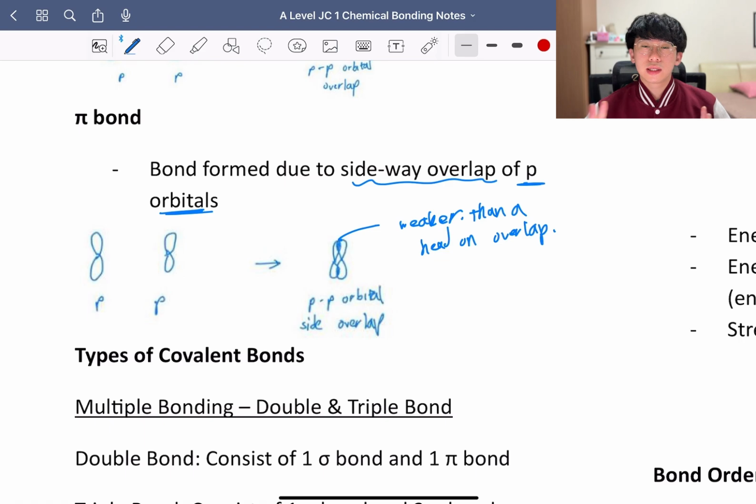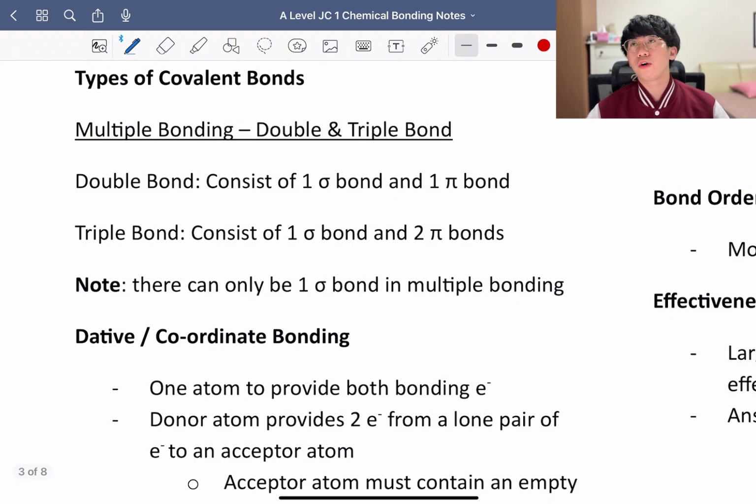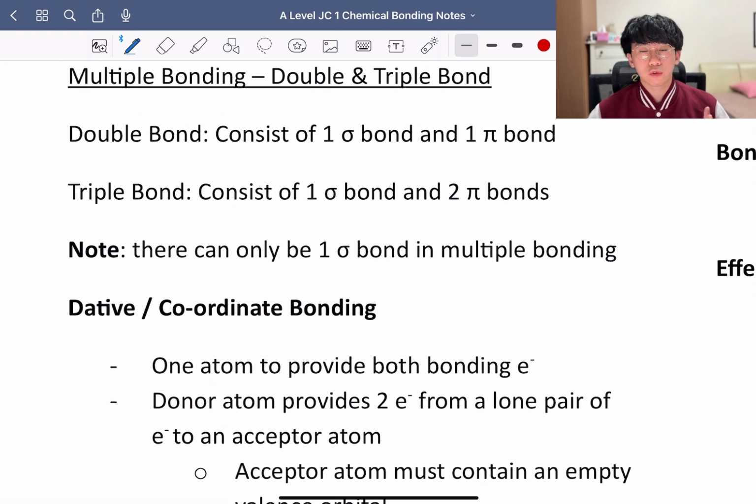Now, this is quite important when we move into types of covalent bonds. So we already know before that atoms can do multiple bonding, whether it's double bonds or triple bonds, and you realize that they always consist of only one sigma bond. And then afterwards, they will have the pi bonds on top of it.